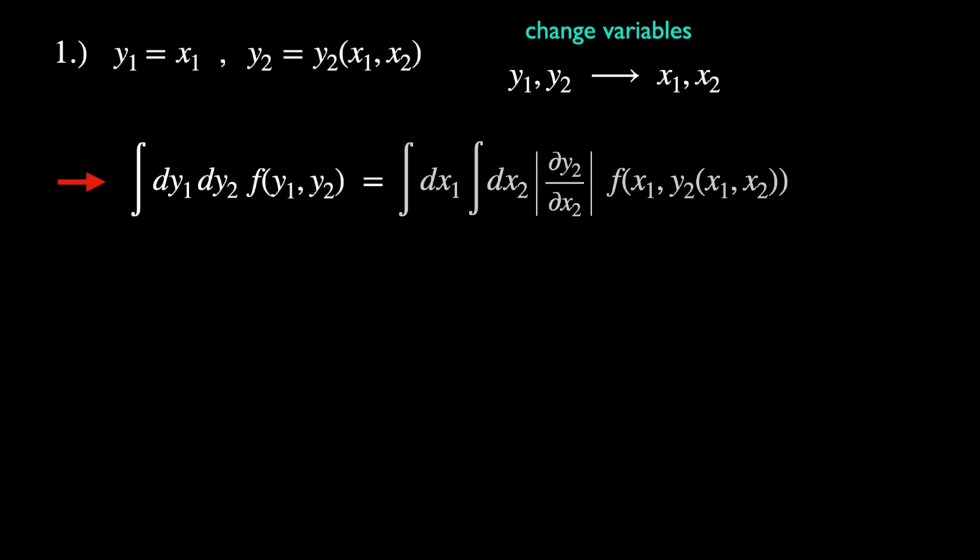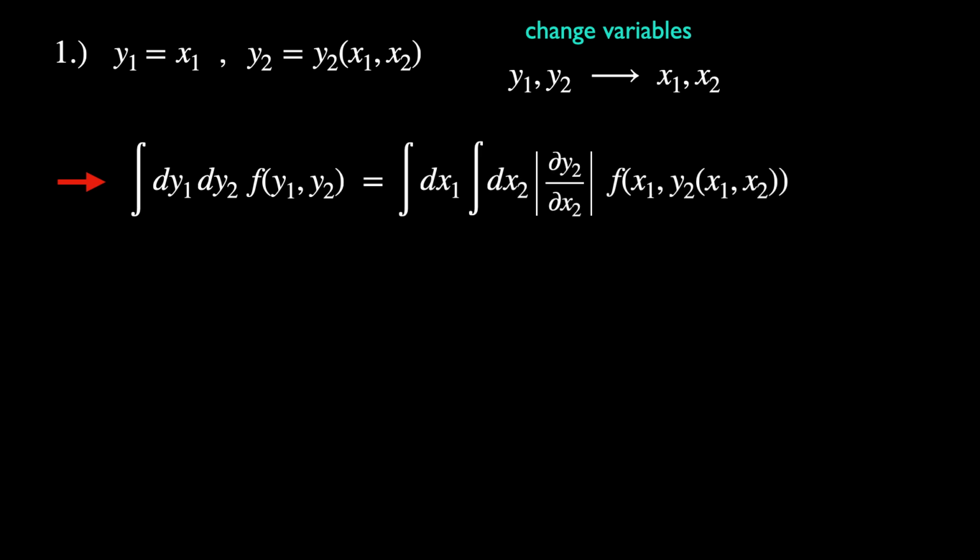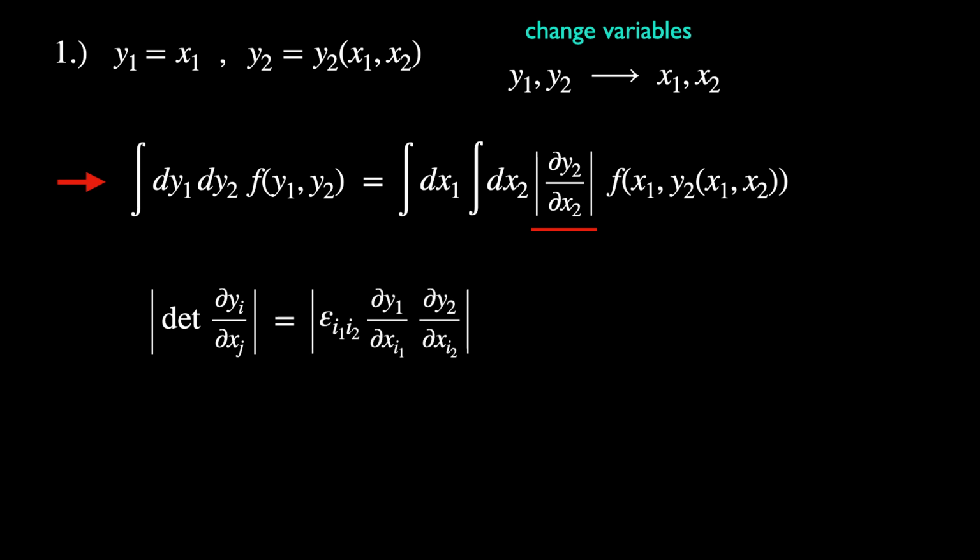We claim that the integral on the right-hand side can be written in the form of the standard Jacobian formula, and that this derivative is actually the Jacobian, which corresponds to the map above. This is easily seen by calculating the determinant directly. According to the map above, the first derivative is just the delta symbol, which fixes the value of I1 to 1.